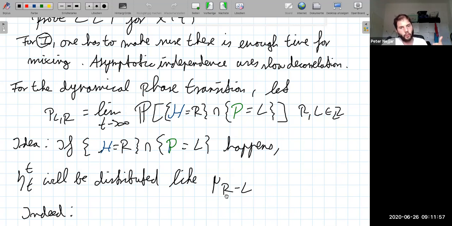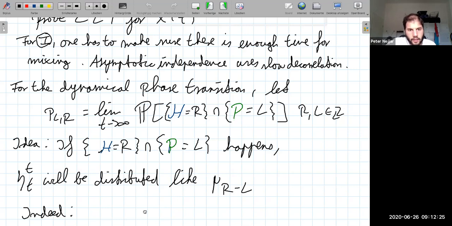And then if you do that replacement, you precisely obtain a configuration which lies in the space omega R minus L. And if you are able to show that there's actually enough time for this configuration to come close to equilibrium, then you obtain that your ASEP will be distributed like this measure mu R minus L. Okay?